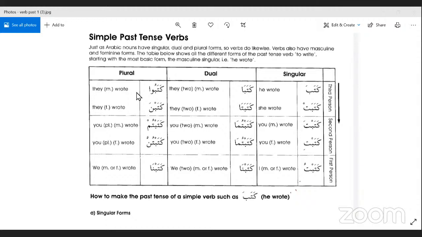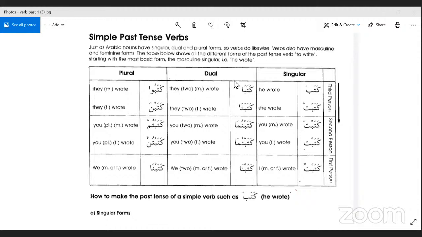Jalasa is to sit. That's right. He sat. So jalasa, he sat. Jalasa, jalasu.